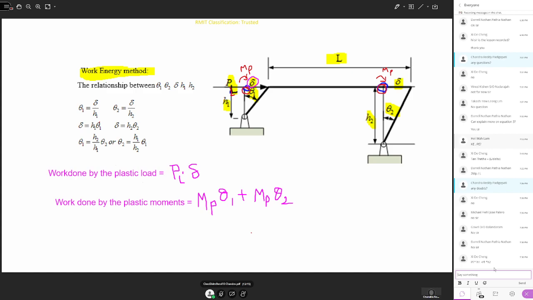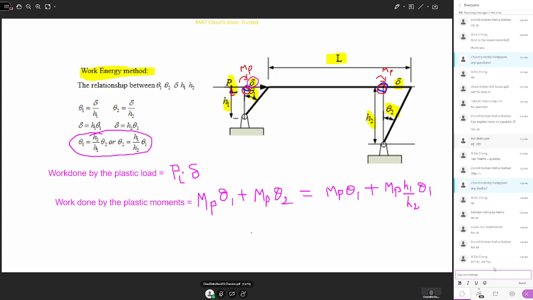We know the relationship between theta1 and theta2 here. So you can write this as MP times theta1 plus, replacing theta2 in terms of theta1, instead of theta2 I write h1 over h2 times theta1.